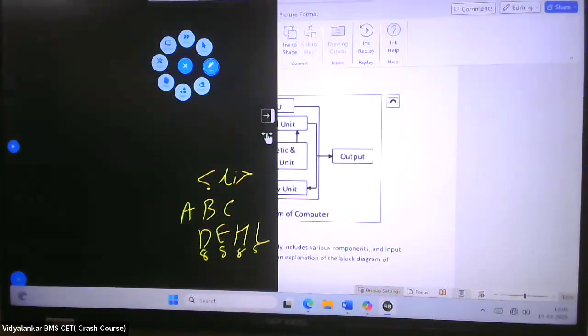Yes, sir. You are solving, showing him. The book is to be kept like this so that he does not see.